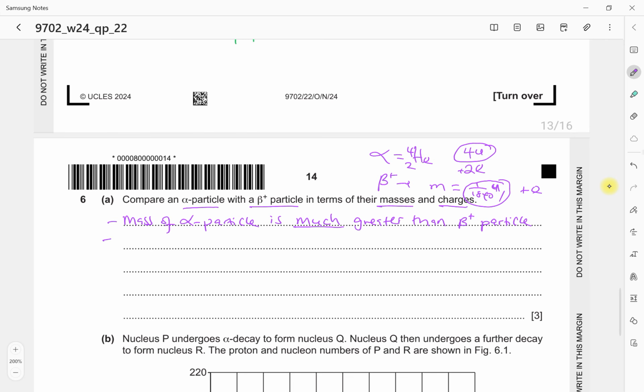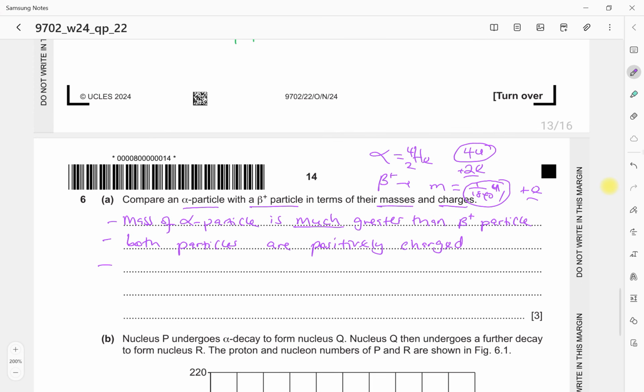Number 2, I think both particles are positively charged. But when we compare the magnitude of the charge, we notice that for alpha, it is twice that of beta.